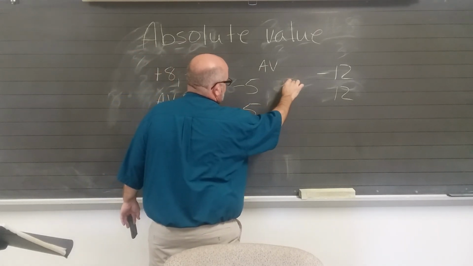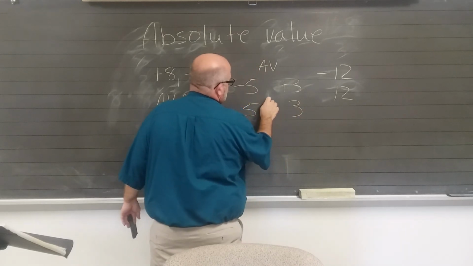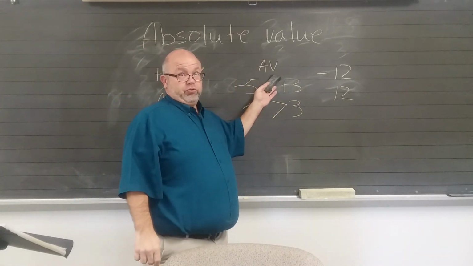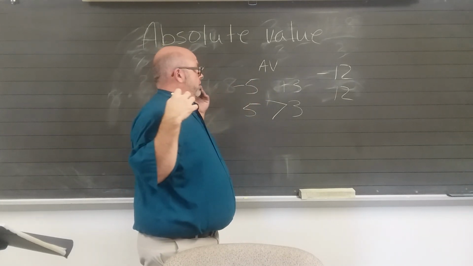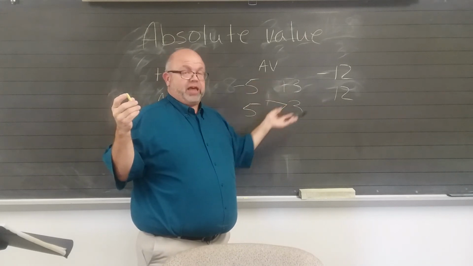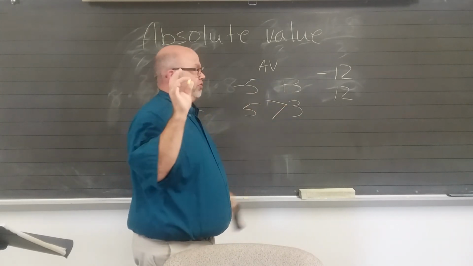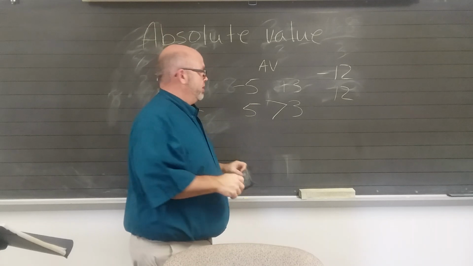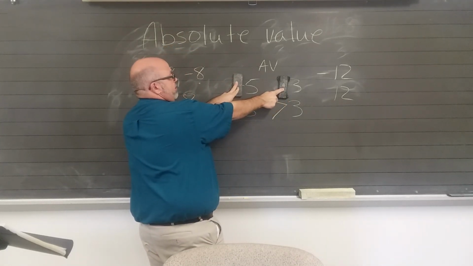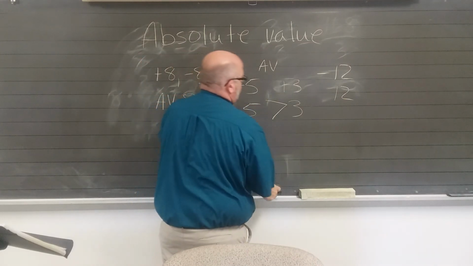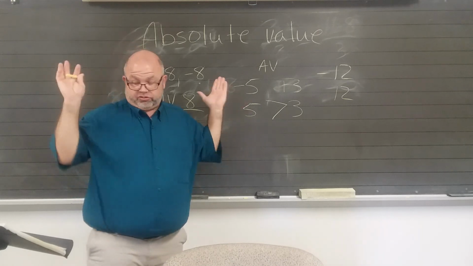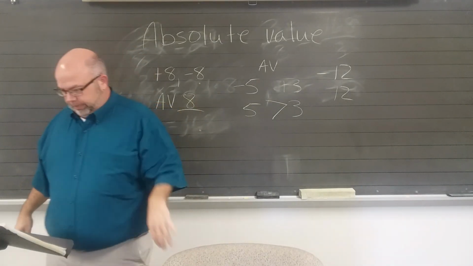The absolute value of positive 3 is 3. This is only absolute value. If it's asking you which one of these numbers is bigger, negative 5 or positive 3, then positive 3 is. But absolute value is the value of the number without the sign. So you cover up the signs, and that is your absolute value. Okay? And that is what absolute value is all about.